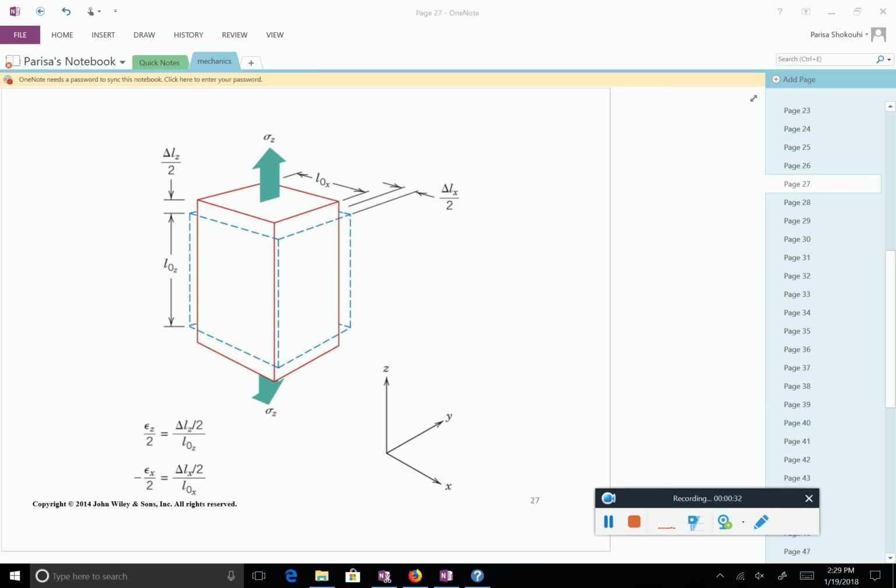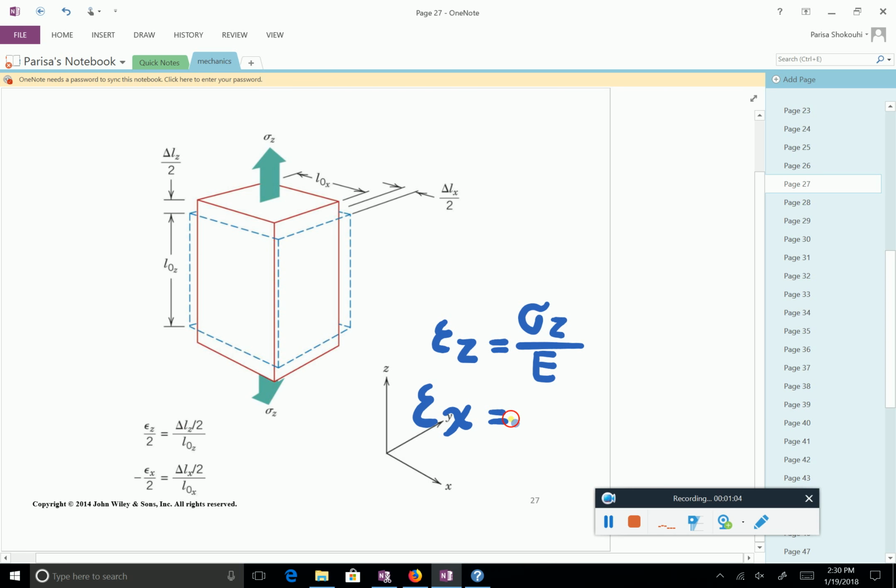So here, for example, the stress is along the z direction, and you see that you have a strain along the z direction. But not only, you can very easily see that the blue block is stretched in the z direction, but also has been contracted in the other two directions. And we talked about Poisson's ratio.